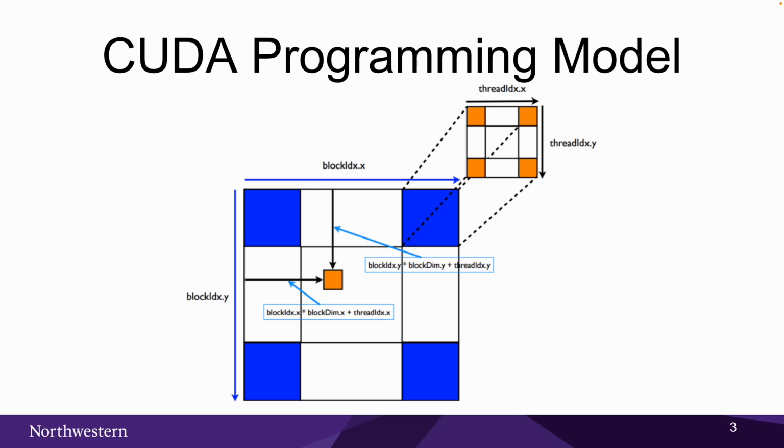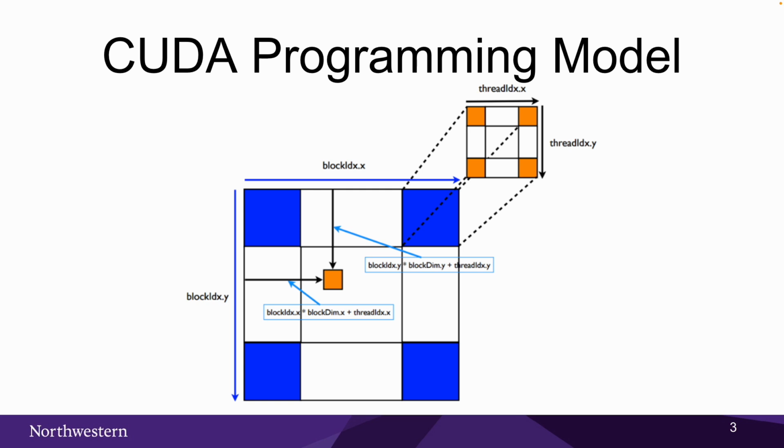In CUDA, we program using a hierarchical model of parallelism that mirrors the GPU's architecture. At the core of this model is a kernel, a function that is executed in parallel by many threads. Threads are grouped into blocks, and blocks are organized into a grid. Each thread performs the same code on different data.